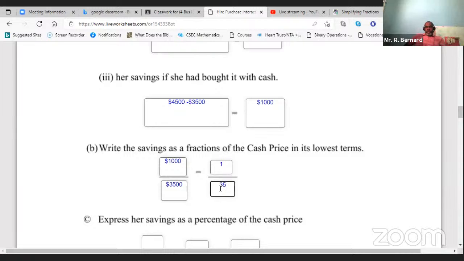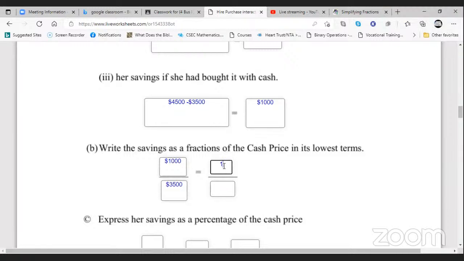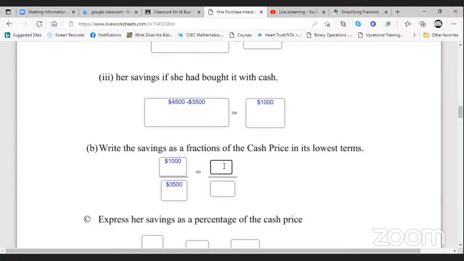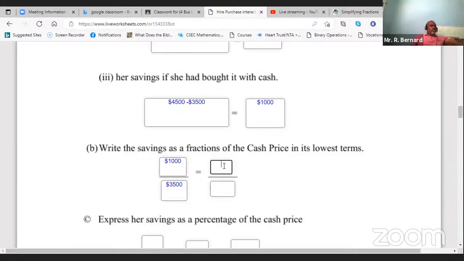But you can't have 3.5. Yeah, you can have 3.5. So you can't use 1,000 with a different number. Never answer. Try again.